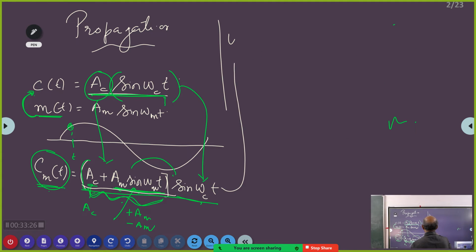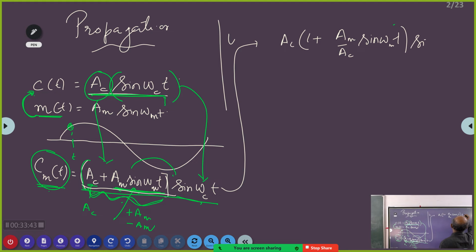After writing this step, what they have written is AC into bracket 1 plus AM by AC into sin omega m t into sin omega c t. So this bracket is missing in your textbook. I just put that bracket there.